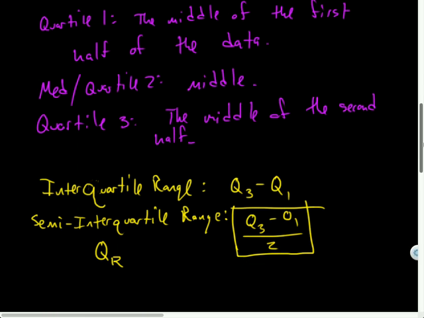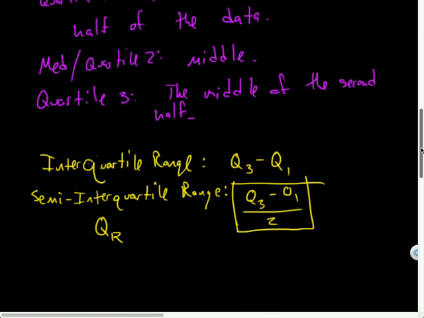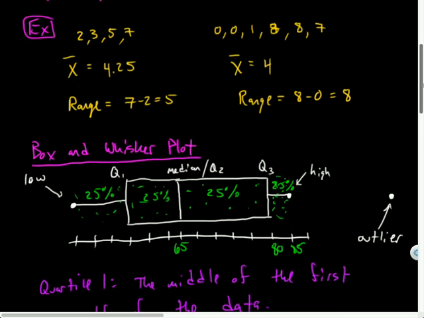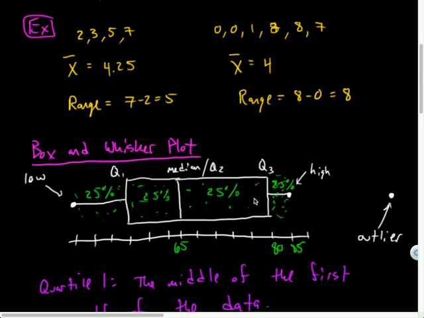So I would take Q3 and subtract Q1, and the semi-interquartile range would give me the average distance between those, the midpoint between Q3 and Q1.